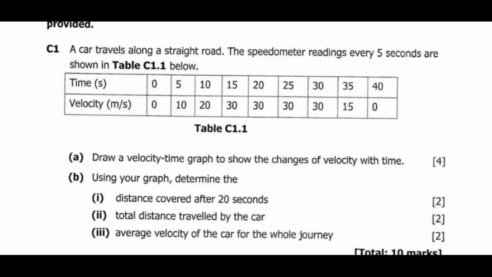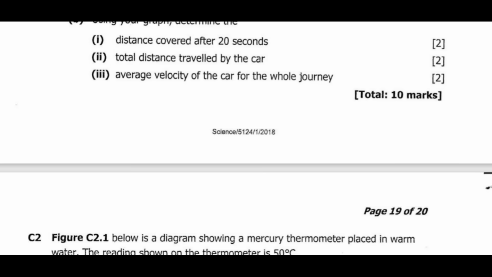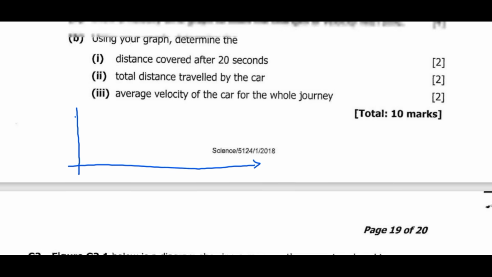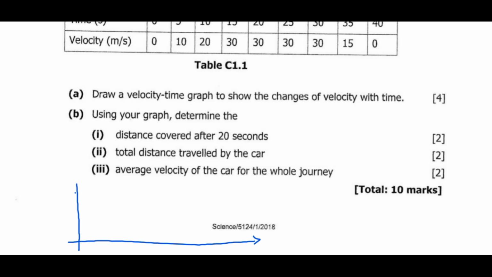Let me see if I have some space where I can do the sketching. You draw your velocity time graph. Let's look at the numbers. On the y-axis, we are going to have velocity. Make sure you use the actual graph paper. The highest number is 30, so you can use the scale of 2 centimeters to represent 5 units, as long as you are able to reach 30.